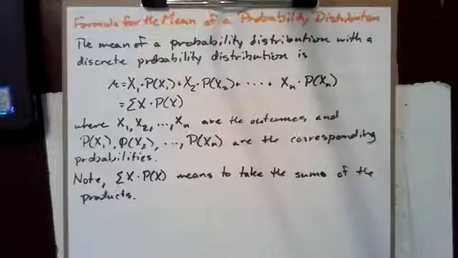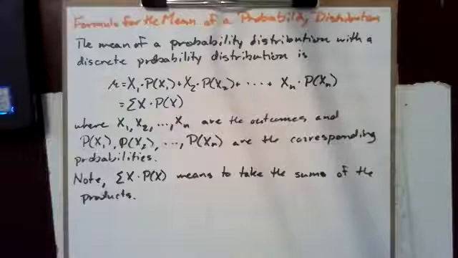Here's the formula for the mean of a probability distribution. The mean of a discrete probability distribution is mu equals x1 times the probability of x1 plus x2 times the probability of x2 plus and so on, plus xn times the probability of xn.